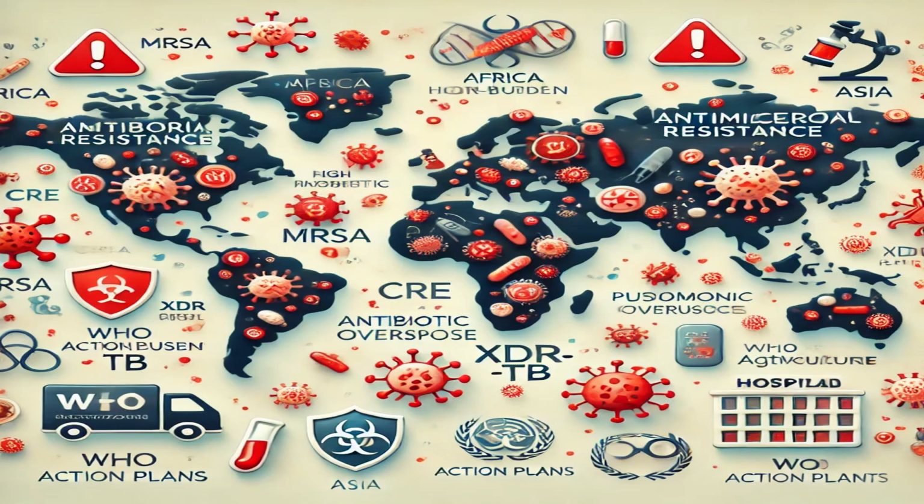They are spreading across communities, agriculture, water, and even the environment. Low and middle income countries, especially in parts of Africa and Asia, are facing high burdens due to poor sanitation, antibiotic misuse, and lack of regulations.